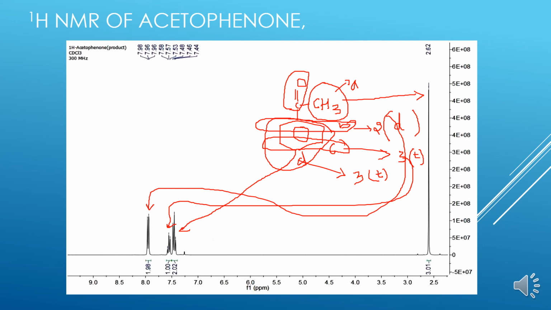Non-equivalent protons near the splitting protons couple, and due to that coupling, splitting is possible. So they are calculated based on the n plus 1 rule.